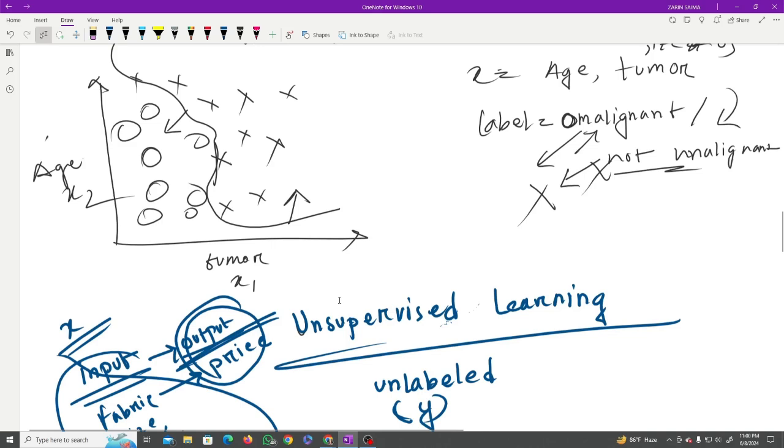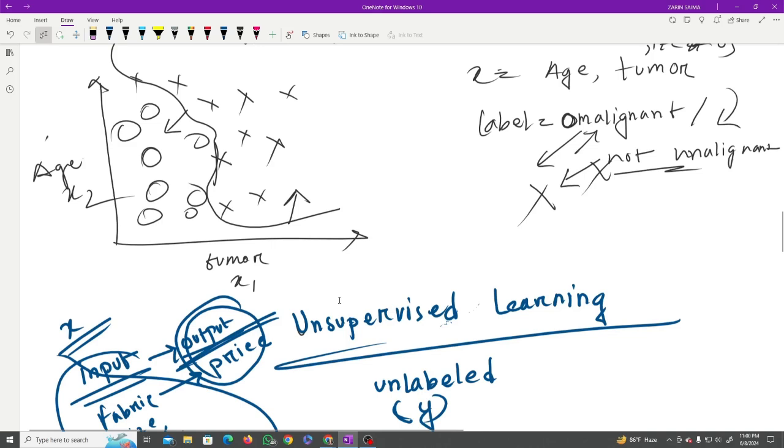You can also see unsupervised learning in Google News. What it does, you have only words, it actually picks out the words and differentiates them into different articles.